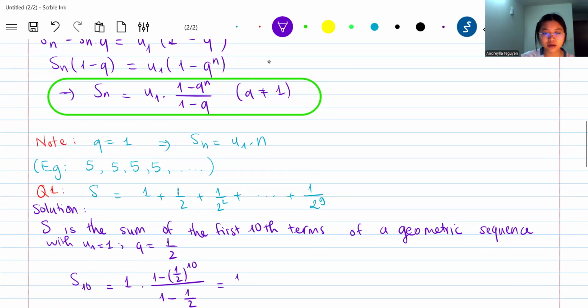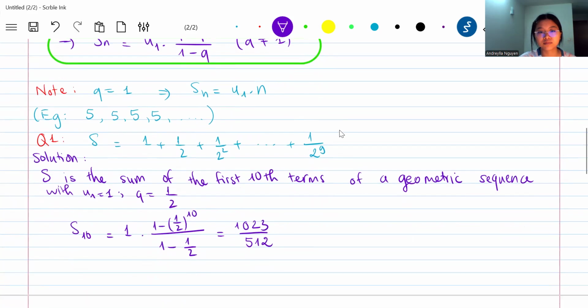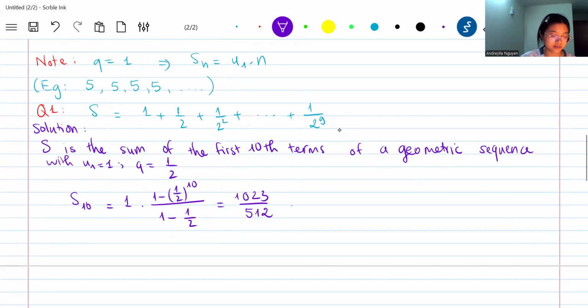I have computed it at home, and my answer is 1023 over 512. This is my final answer.